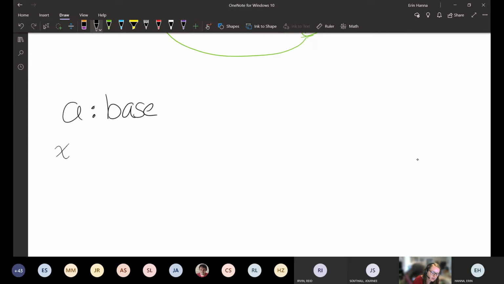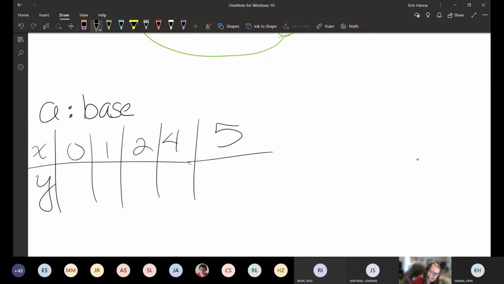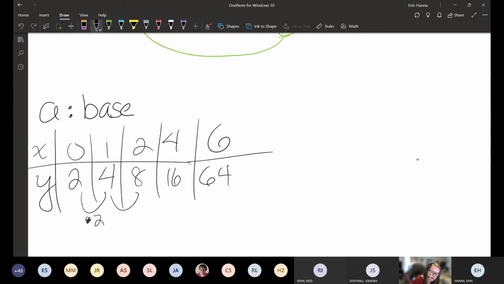And essentially, if you look at some exponential functions, let me do one that's not terribly hard to see. Let's say 2, 4, 8, 16, so that would be 64. So if you look at these y values, they are being multiplied by 2 each time.